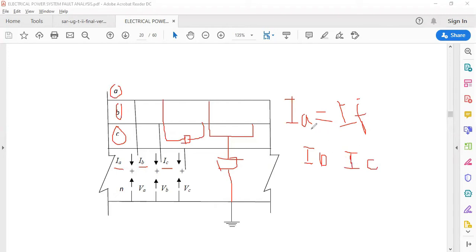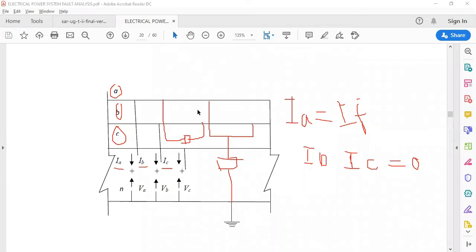As compared to the fault current, their magnitude is very little. Therefore, we are going to consider these two equal to zero. Just because their magnitude is negligible as compared to the fault current, we will take this into consideration for the further analysis.